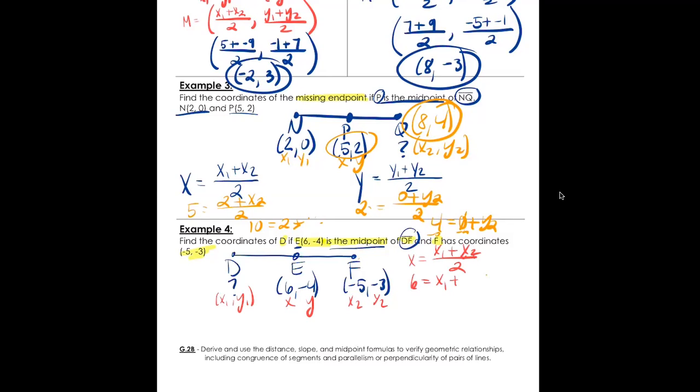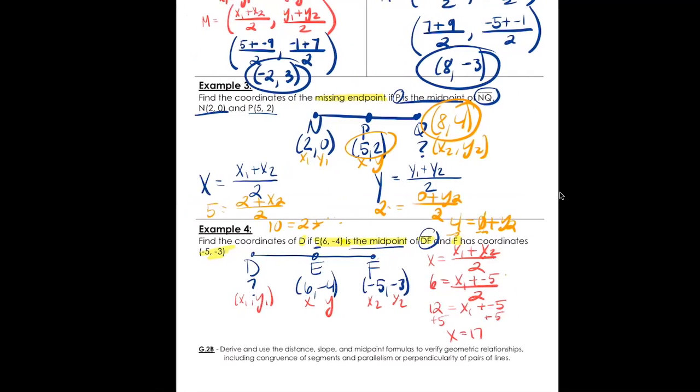So X2 is -5 over 2. Multiply 2 times 6, you get 12 equals X1 plus -5. Add 5 on both sides. X is going to equal 17. That's just the X coordinate.